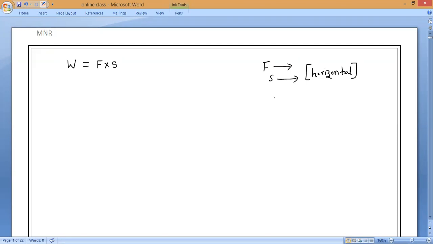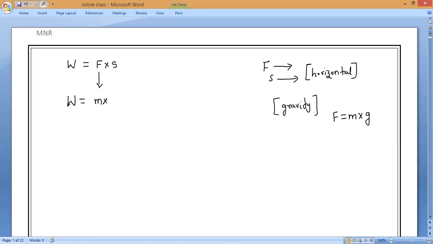Next, if we are working against gravity, then the work done W is equal to, in place of F, what can we write? From Newton's second law, F is equal to mass into acceleration due to gravity.